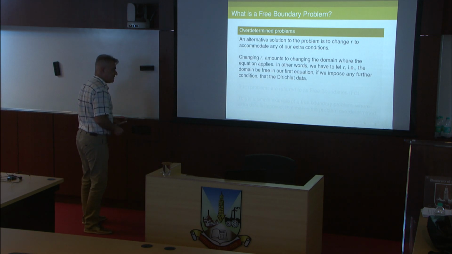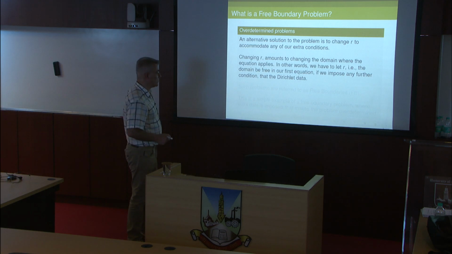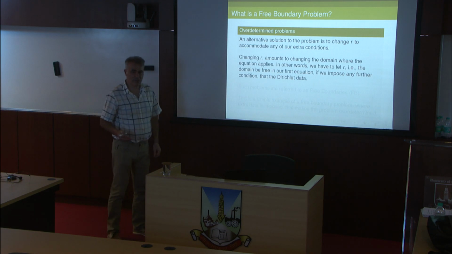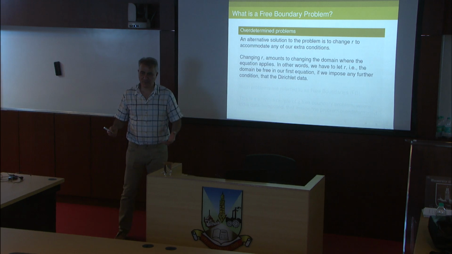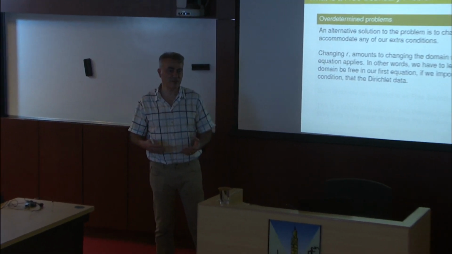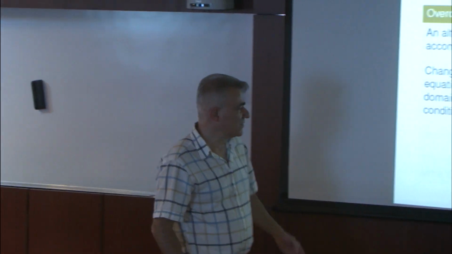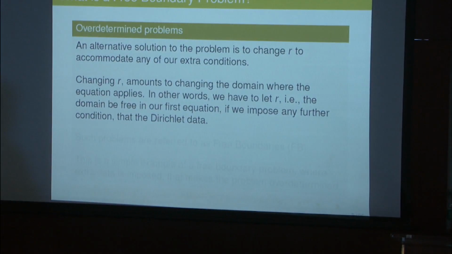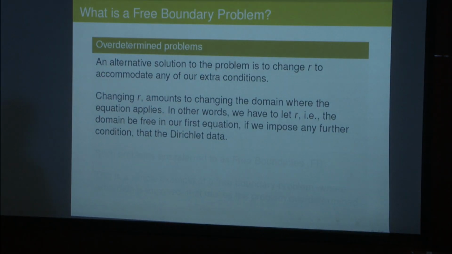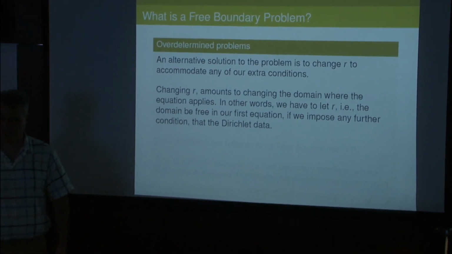So this means that you eventually solve the problem by letting R be a free parameter, because that lambda might be very important in your problem. And actually, many problems in nature are of the kind where you really don't know the domain, but you know extra information about the boundary condition.